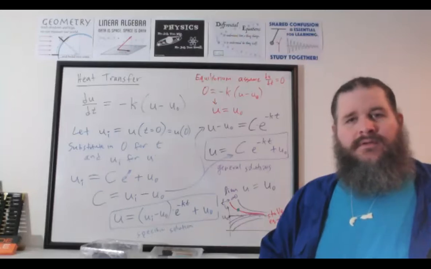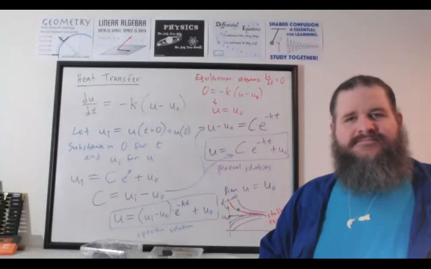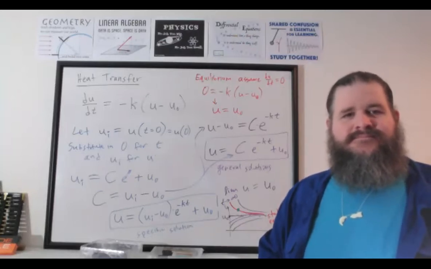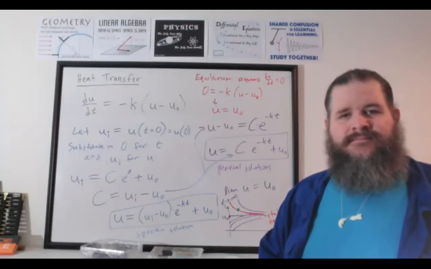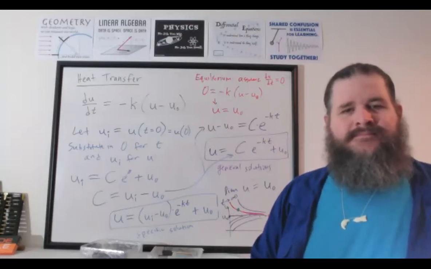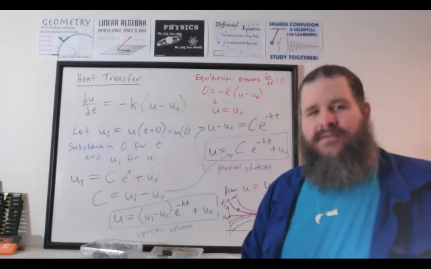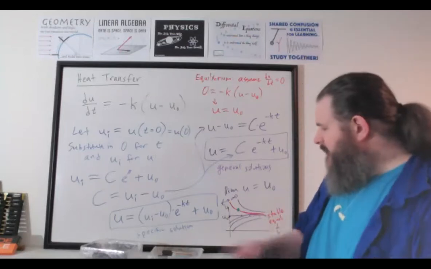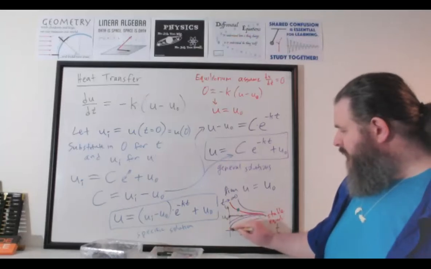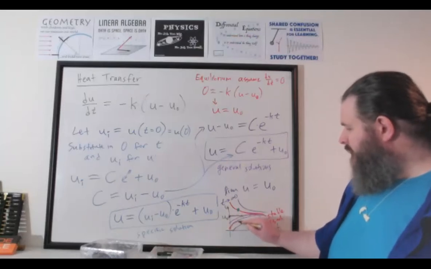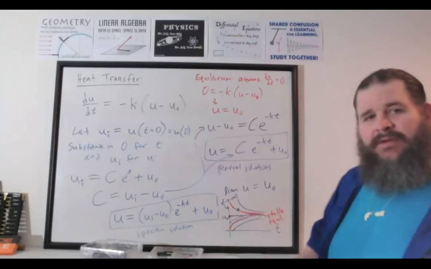I have a question. Yeah, go ahead. Would you say then that when u of 0 is less than u naught, the curve u of t will increase approaching u naught? Exactly. And we can see that from the graph. If you start with an initial temperature that's lower than equilibrium, then we're going to get a function that increases towards equilibrium.